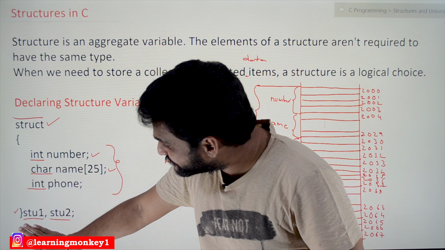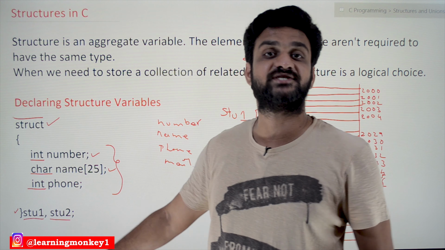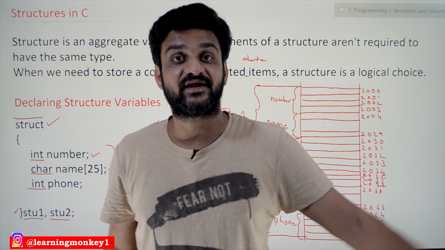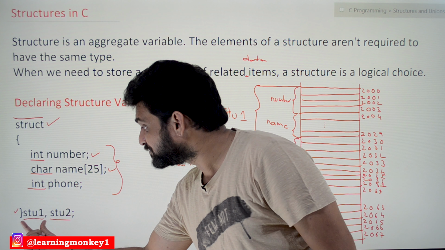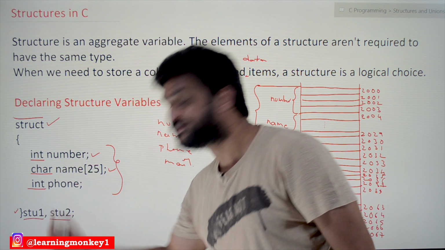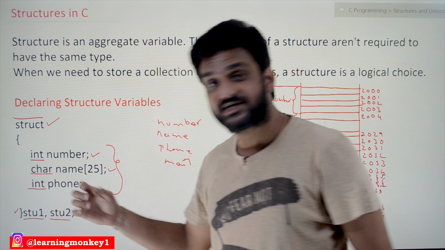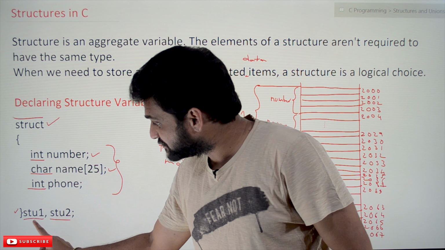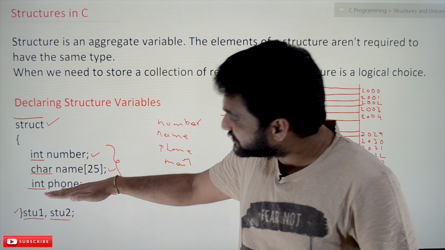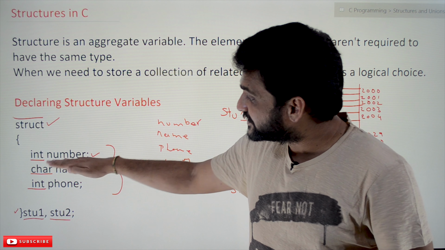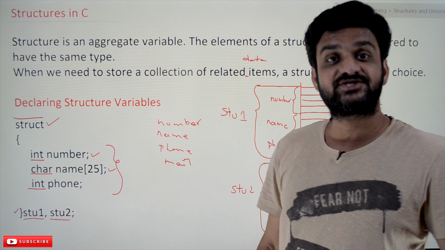Whenever the variables are declared and this entire structure is executed, the memory will get created. So how will that memory get created? Each variable is going to have all three data items of that structure, because these variables belong to the structure.